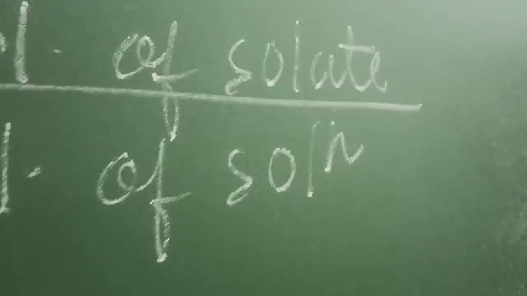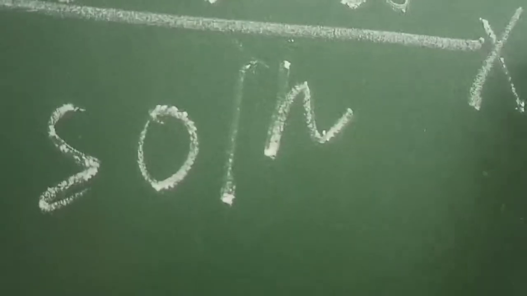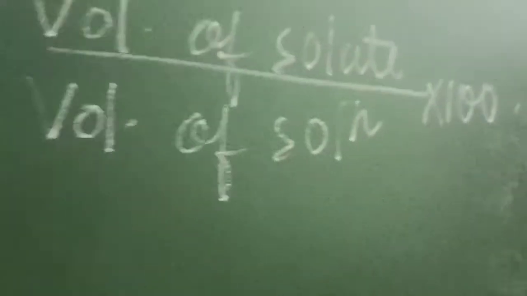So apply the formula, which is volume of solute, which is acetone, divided by volume of solution, the aqueous solution of acetone, acetone dissolved in water, into 100.